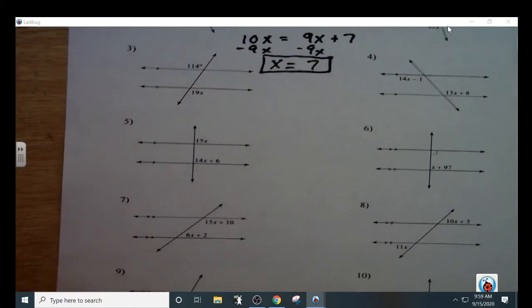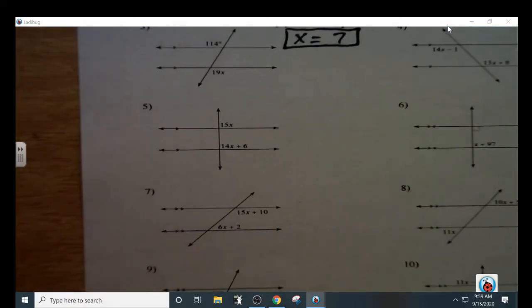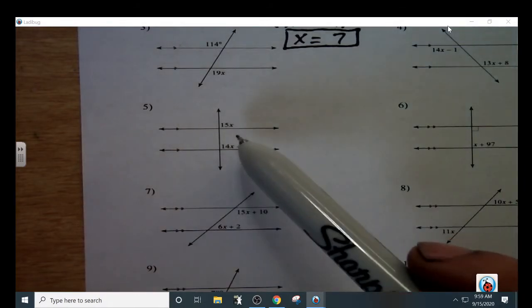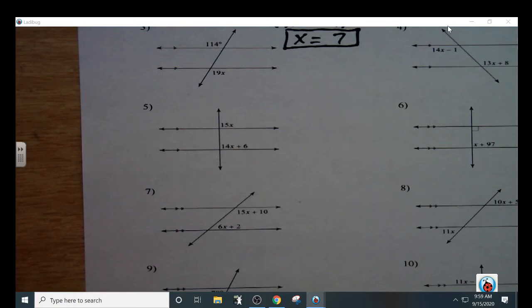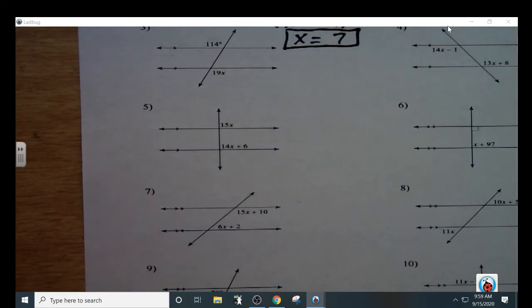What's the angle relationship with number 5? Well, we know it can't be alternate, right? Because they're on the same side of the transversal, both of them on the right of the transversal. One's interior, one's exterior, so it's not going to have that.